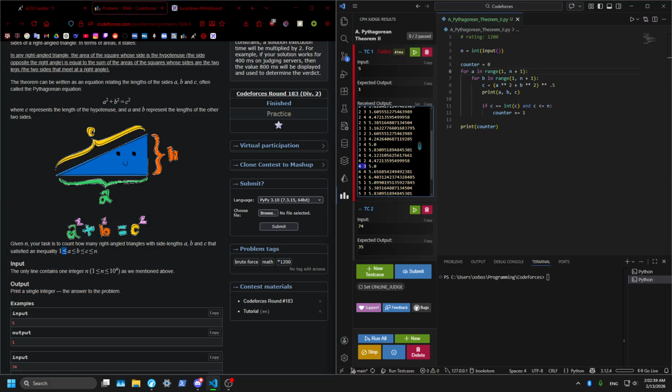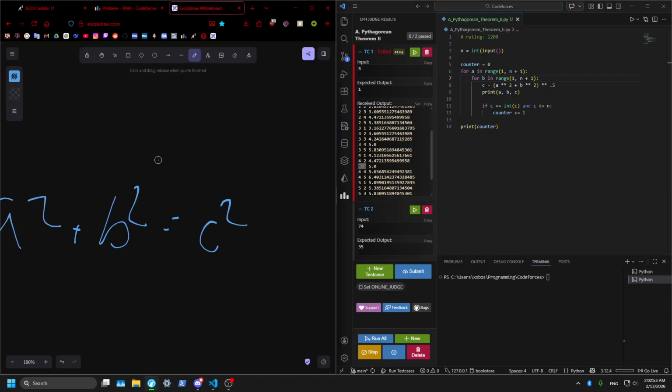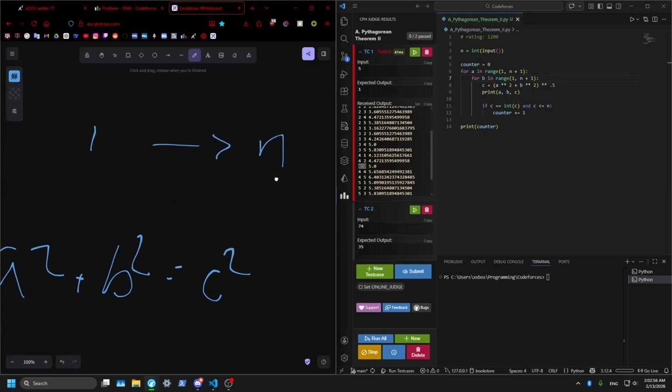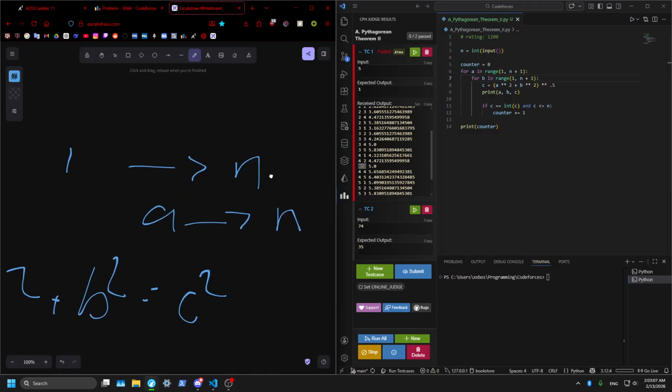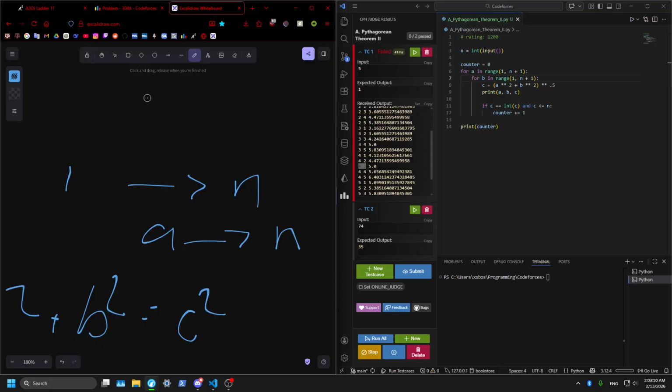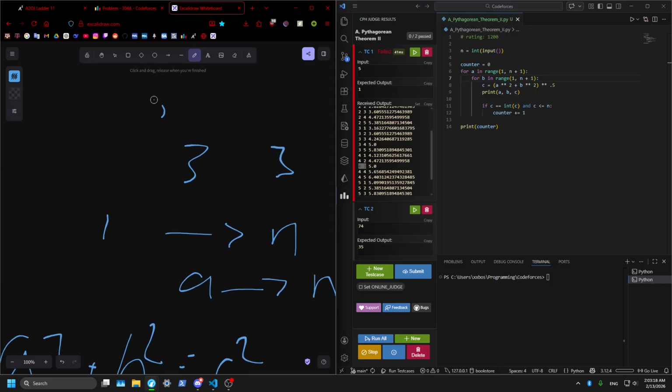So they basically just flipped. What we can do is, okay, A is gonna go from 1 to N. B should go from A to N, or else we'll count duplicates. So like if A was 3, then B would start from 3, check 3, 4, 5. Then we won't check the befores.